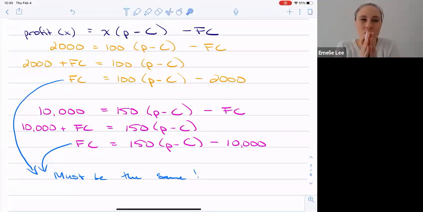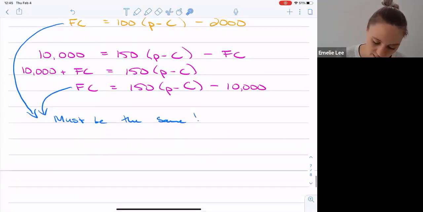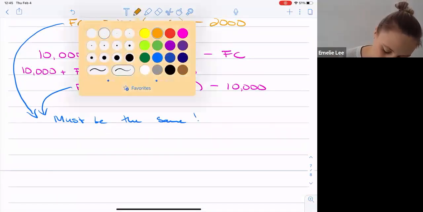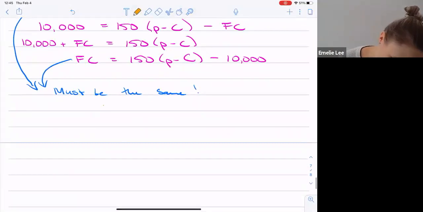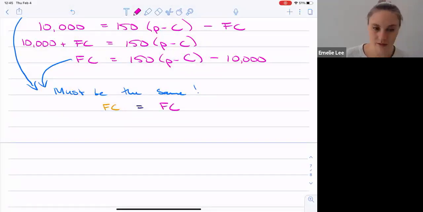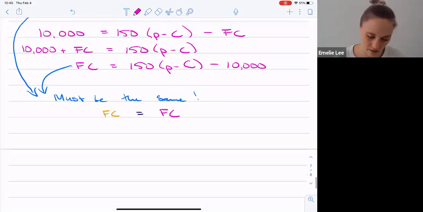We just set them equal to each other, right? And so we're going to do that exact same thing here, just a little bit more complicated. And I like using the color scheme to emphasize where things are coming from, okay?